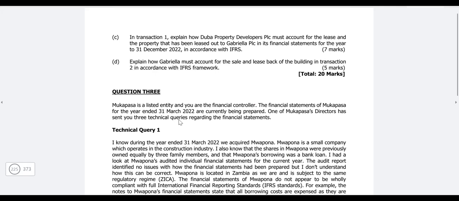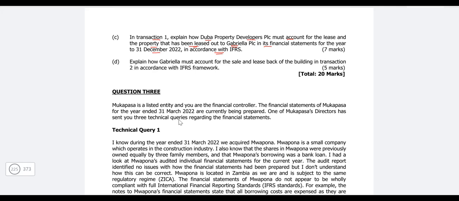In the requirement, it says explain how Duba Property Developers must account for the lease and the property that has been leased out to Gabriela in its financial statements for the year to 31st December in accordance with IFRS 16. So from the requirement, we can see that Duba Property Developers must account for the lease and the property that has been leased out to Gabriela. So Duba is the lessor and Gabriela is the lessee.